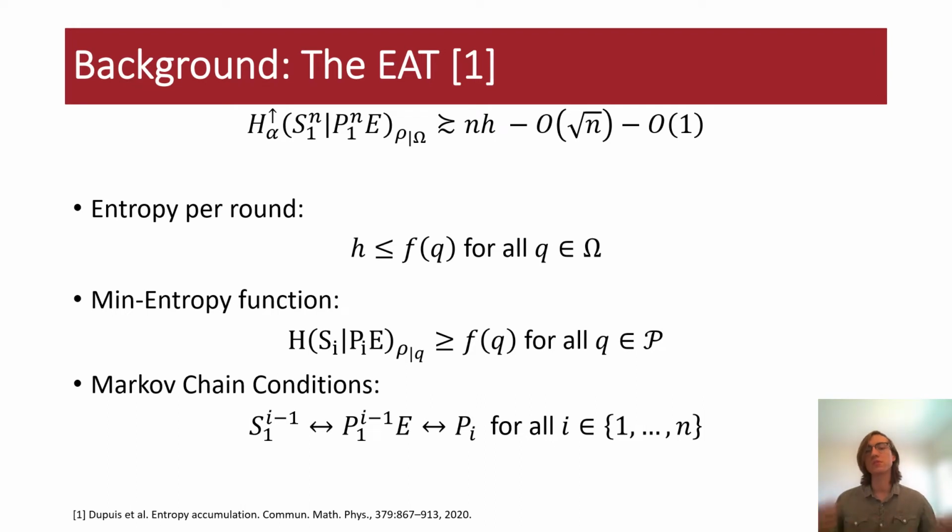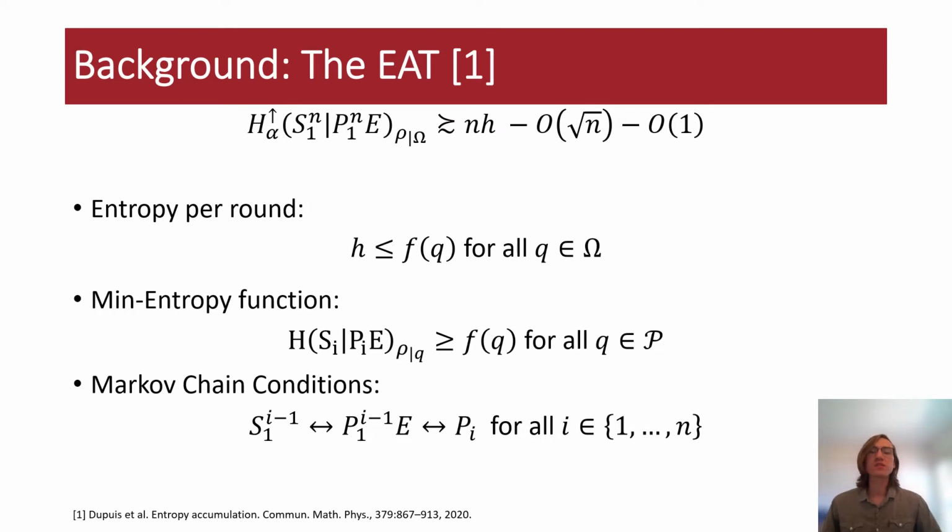So you have some statistics that are telling you how this scales. And so the way we can think about this as being entropy generated is like you can think of this h as capturing how much entropy could be generated per round, because it's lower bounding this f of q for all q in your event. And this f is known as a min-entropy function, and basically what it tells you is the minimum entropy that could be generated asymptotically for any observed q in the probability simplex. So this is why it's like entropy per round.